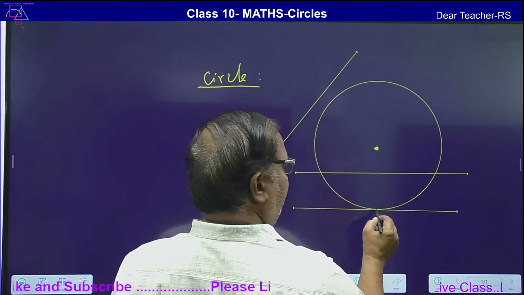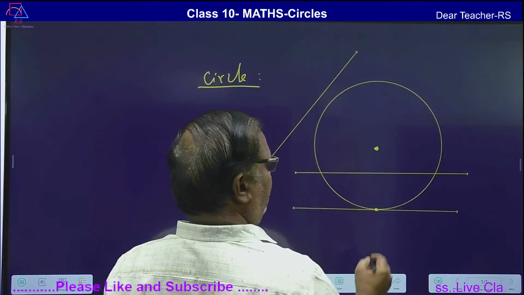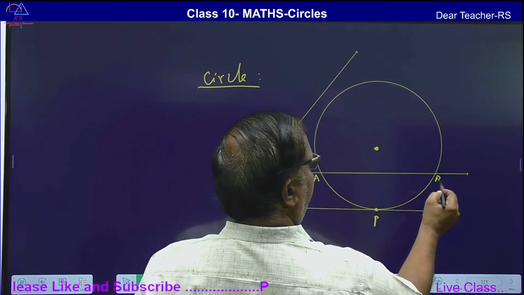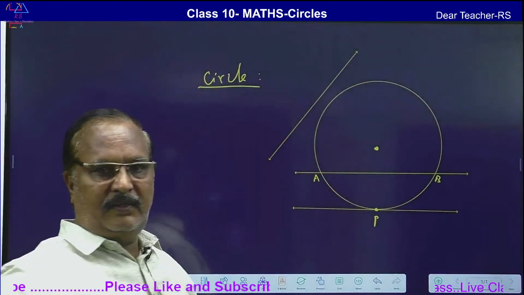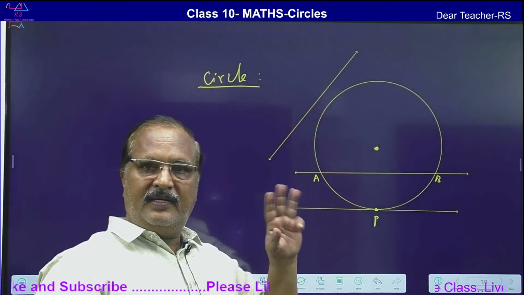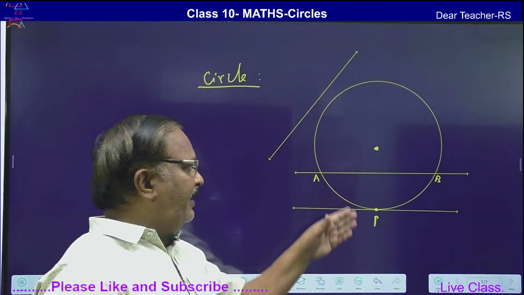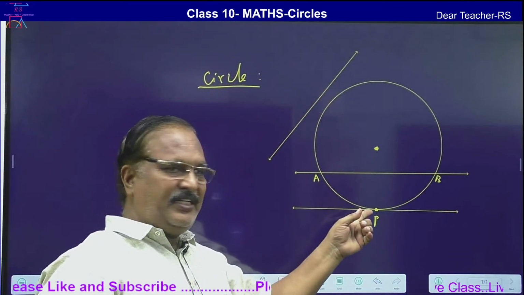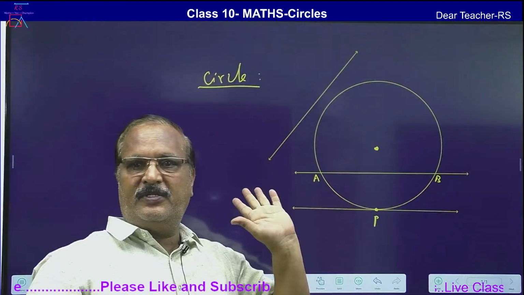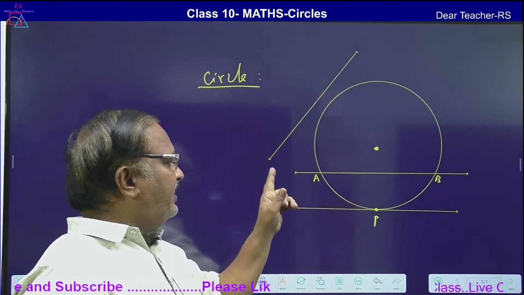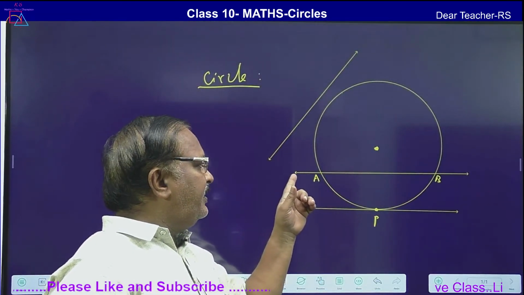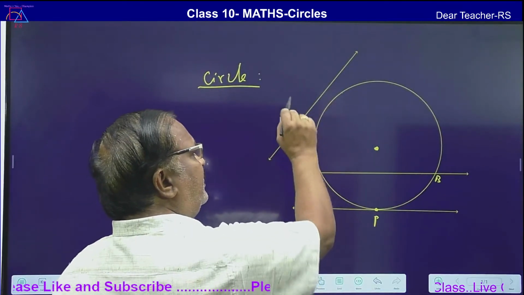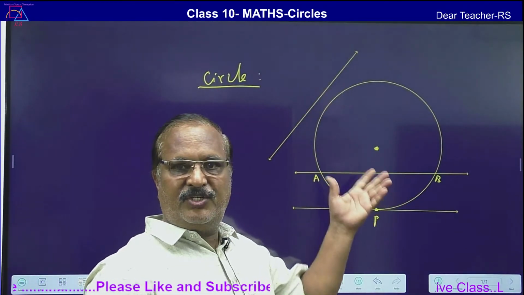One possibility is touching at one point P, another is touching at 2 points A, B, and the third is not touching at all. So for a circle and a line, we have only three types. One is a line which touches the circle at one point and goes; another is a line which intersects the circle at two different points; and the other is non-intersecting, no connection at all.